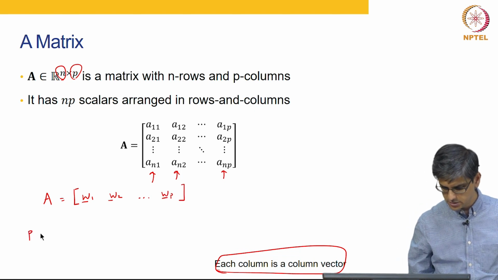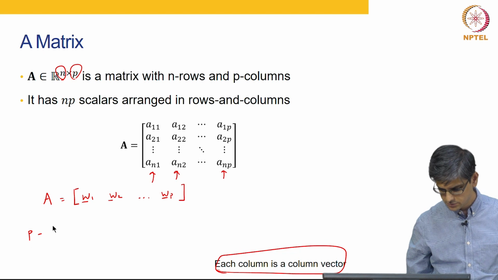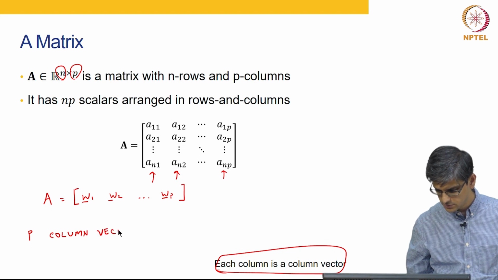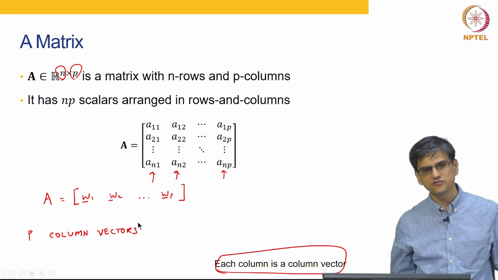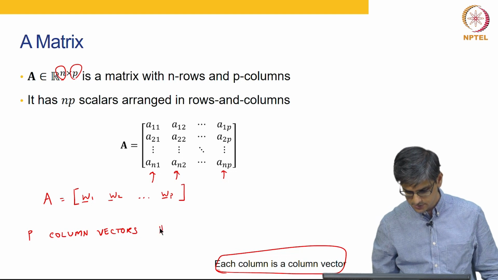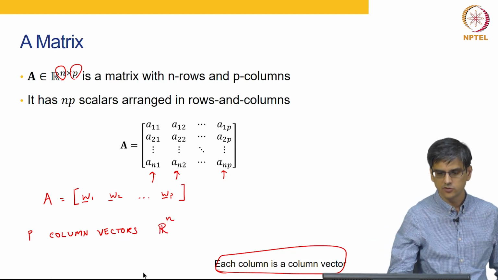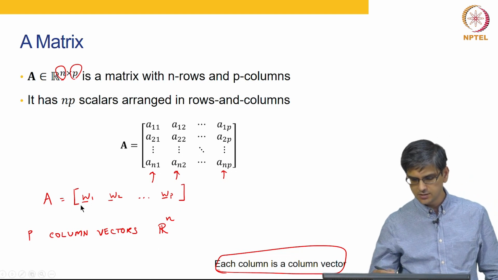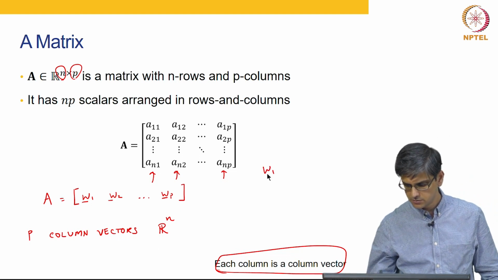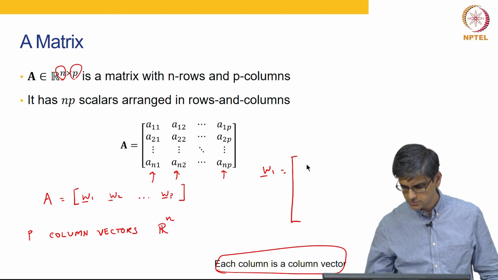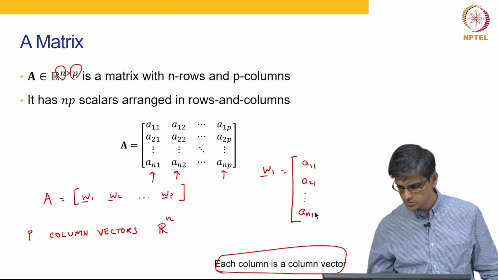our A as column vectors W1 bar, W2 bar and so on up to WP bar. So, there are P column vectors. Each of the column vectors is an n dimensional vector. So, column vector W1 is nothing but A11, A21 and so on up to AN1.